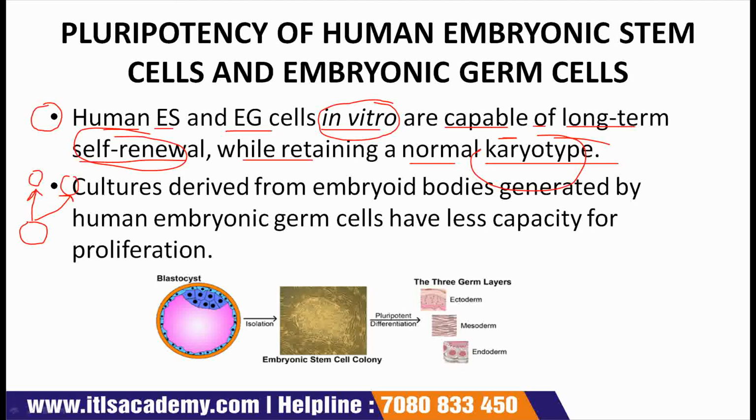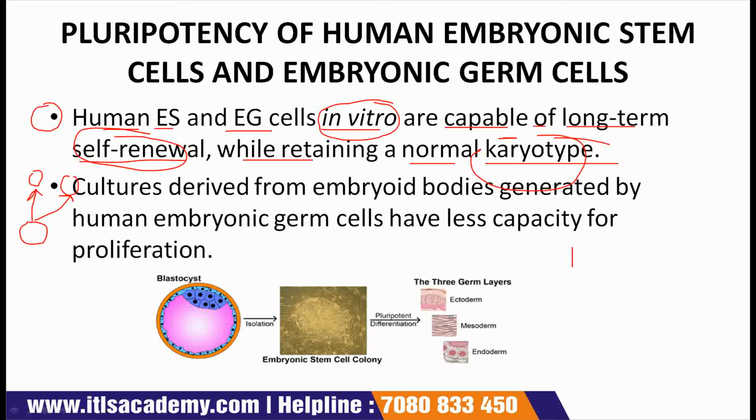As stated earlier, a truly pluripotent stem cell is a cell that is capable of self-renewal and of differentiating into most all of the cells of the body, including cells of all three germ layers.